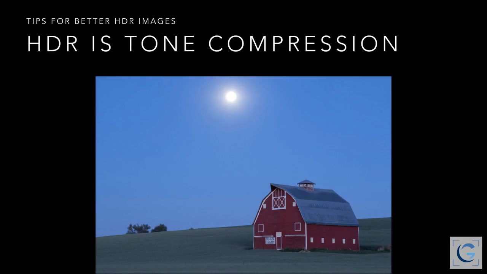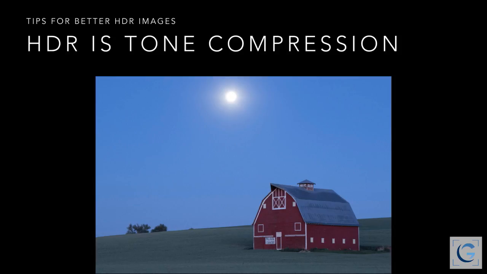We can't have everything, and so we need to either compromise and just choose what's most important in our scene, or we can compress the overall tonality of the scene into what I would call a normal range, at least for purposes of digital photography, of digital imaging. And so with HDR, we're capturing multiple images.